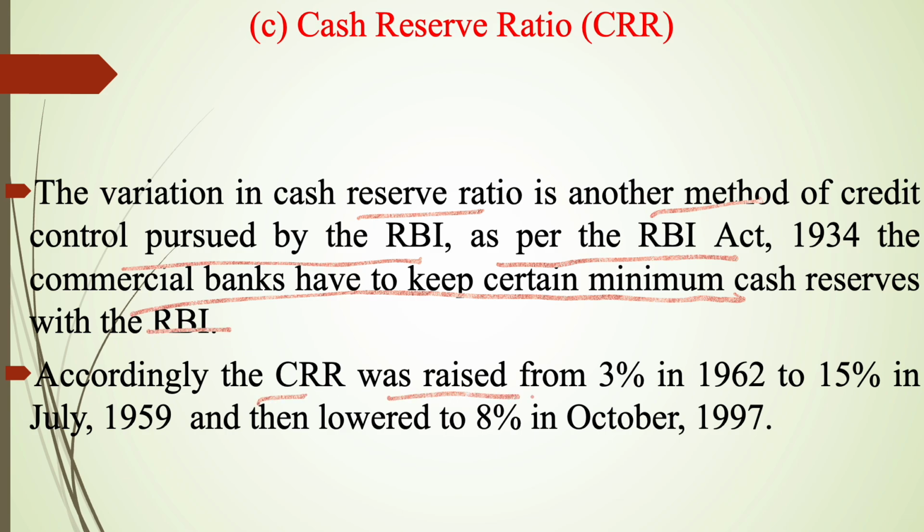Accordingly, the CRR was raised from 3% in 1962 to 15% in July 1989 and then lowered to 8% in October 1997. So cash reserve ratio is a very important method of credit control performed by the RBI with the help of commercial banks. So minimum cash availability is required as per the rules of Reserve Bank of India.